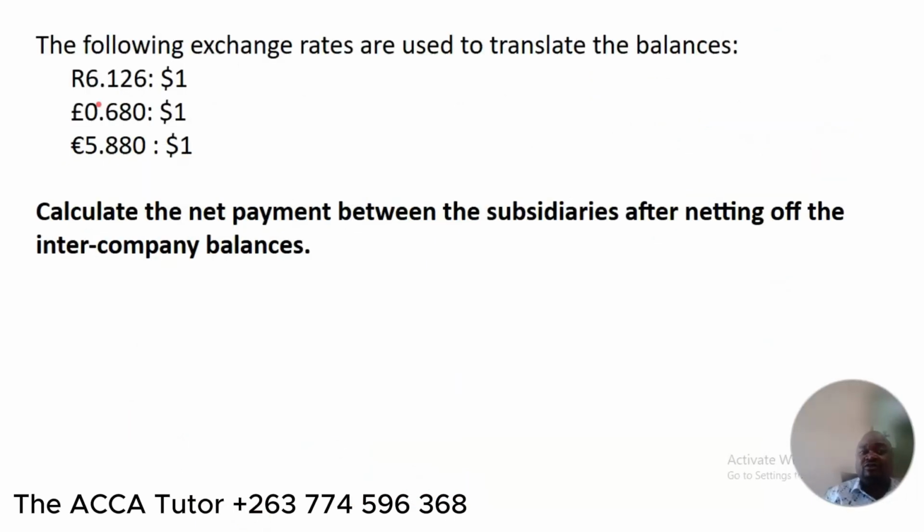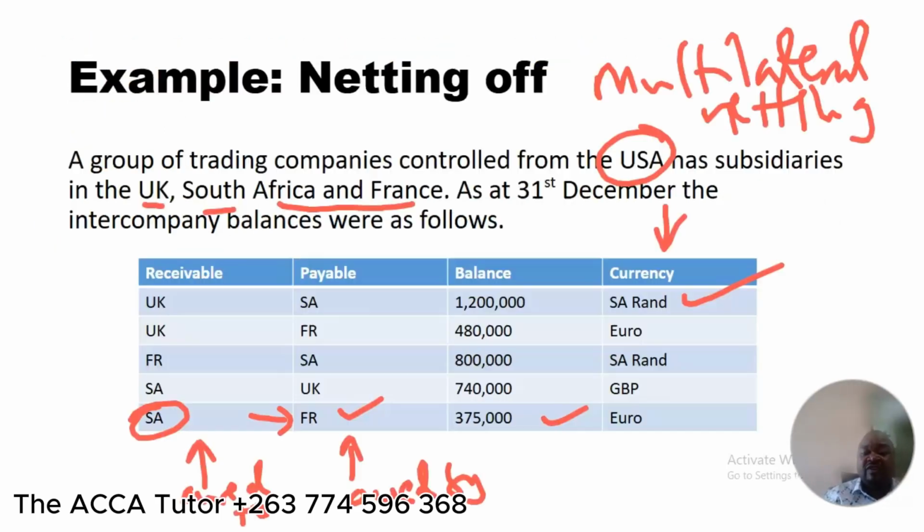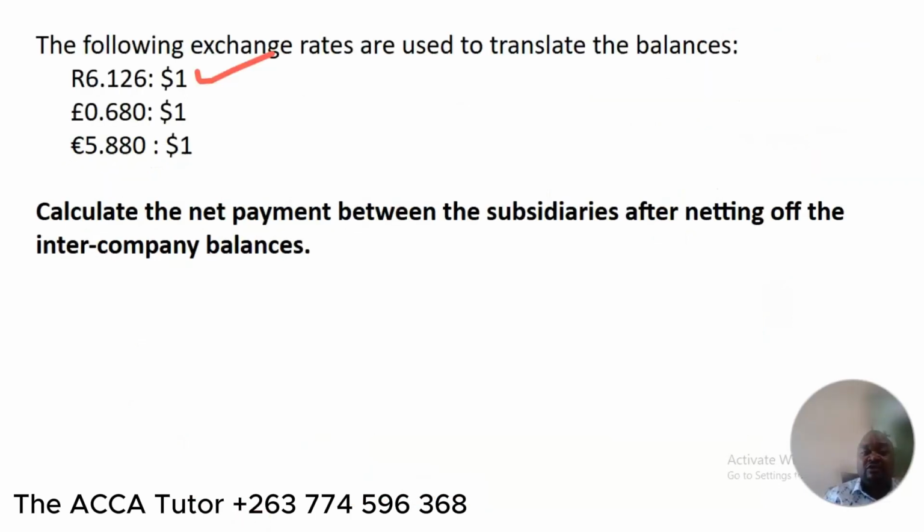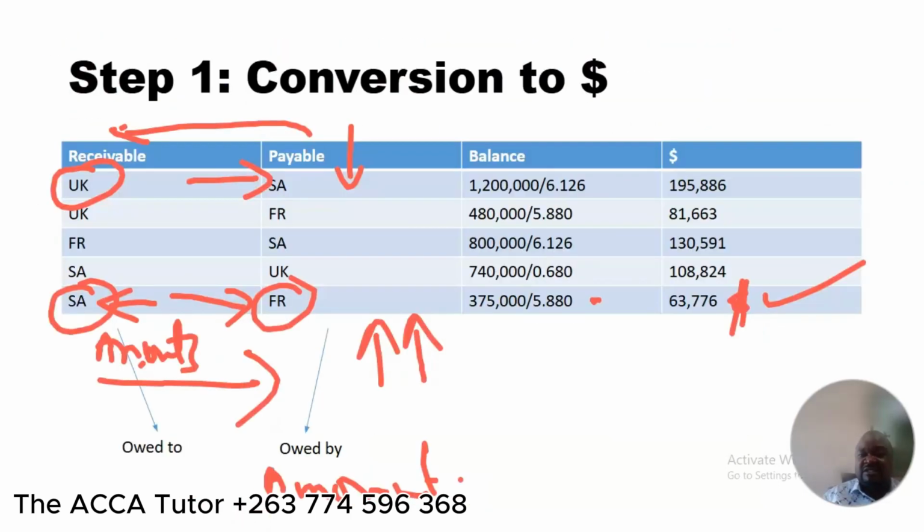The South African rate to dollar, we're told, is 6.126 rands per dollar. So if we want to convert the 1.2 million into dollars, we use the rand rate, and we divide the 1.2 million by 6.126 rands, and we get this amount.